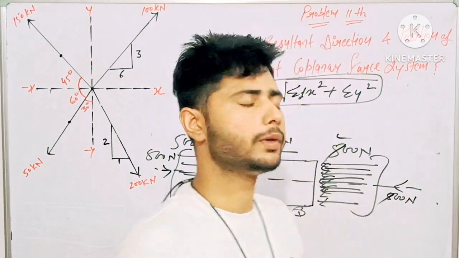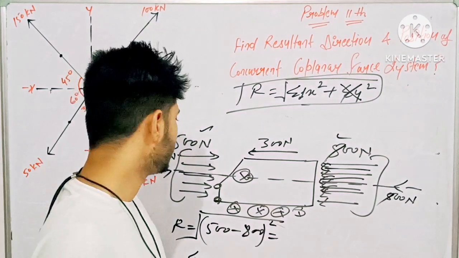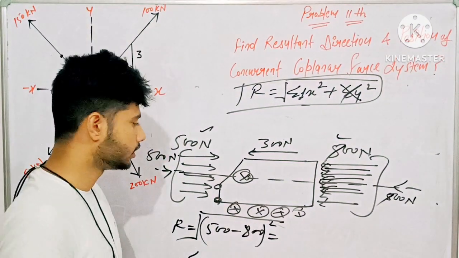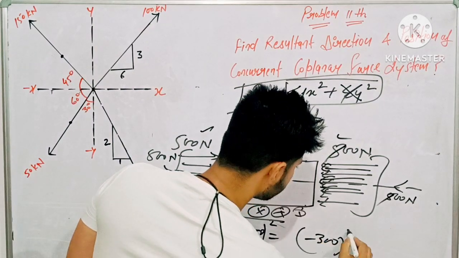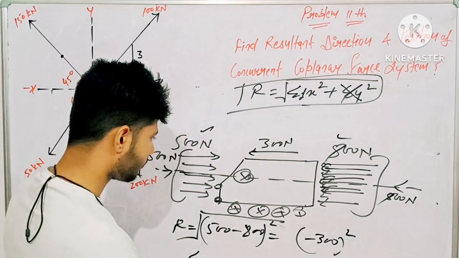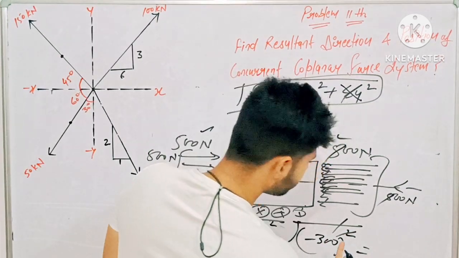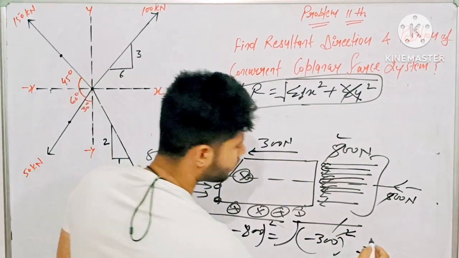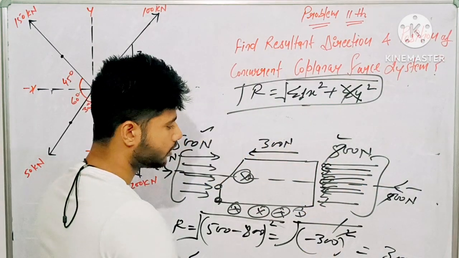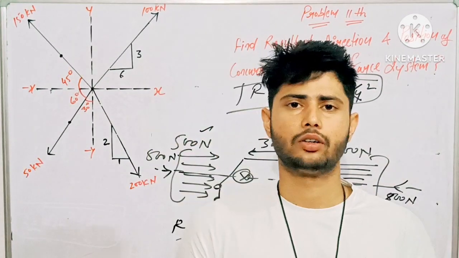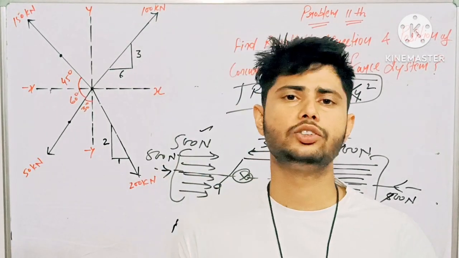Vertical force is not available here, so your resultant will be the square of this and the root of this, equal to minus 300 squared and the root of it. The square will cancel out with the root, so your answer will be 300 Newton, positive, because the answer is in square. So this is your resultant.